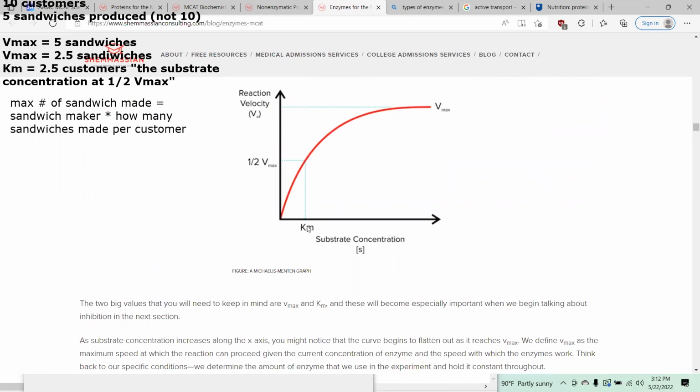If the Km was really, really high up here, that means that the 1/2 Vmax is much further up. So let's say that the Km is way over here. Actually, no, that's bad. Let's say that the Km is over here.